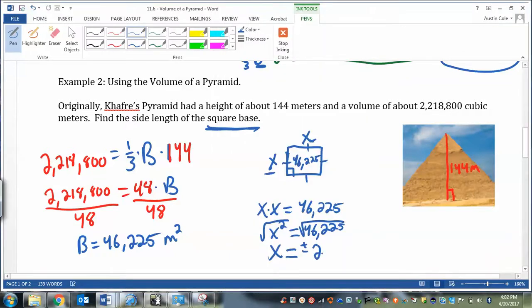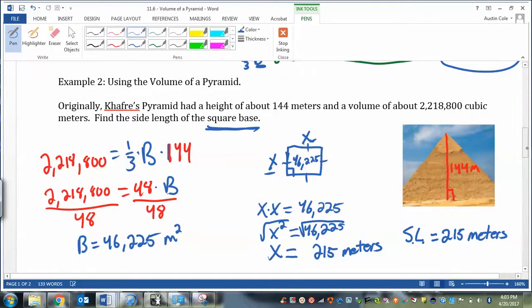So technically we get x equals plus or minus 215. So we could be a positive 215 or a negative 215. But if you look at our unit, meters, we can't really have a negative 215 meters in real life, right? Especially not as a dimension. So we really just need 215 meters. So our side length, I'll abbreviate it SL, is going to be 215 meters. It's a pretty big pyramid.